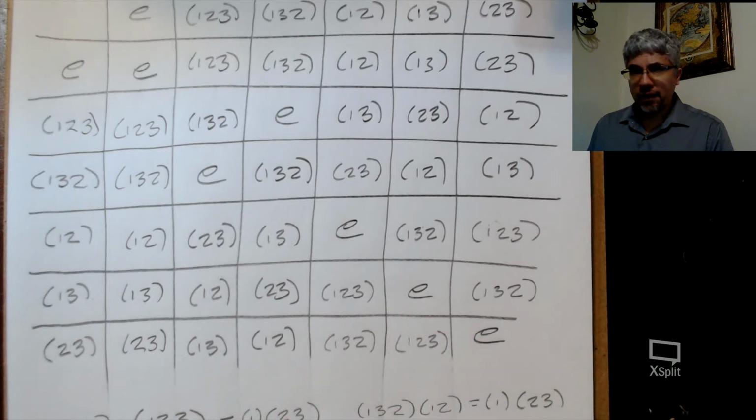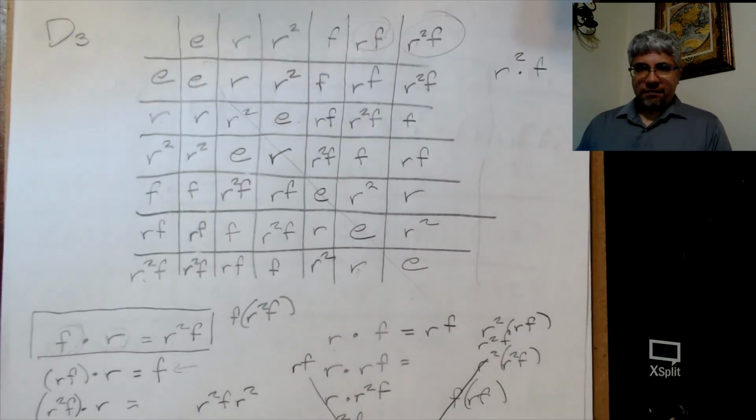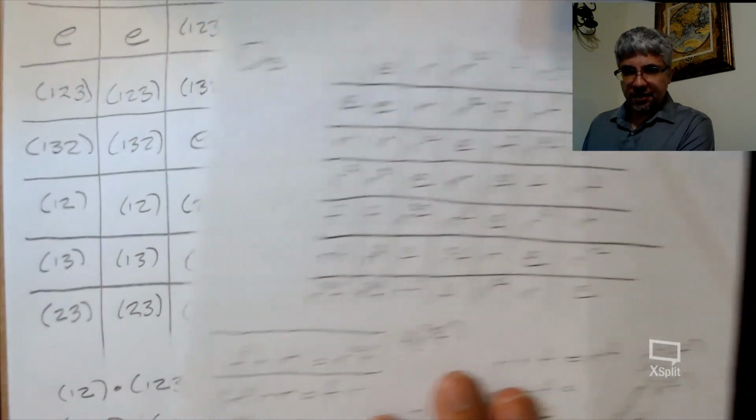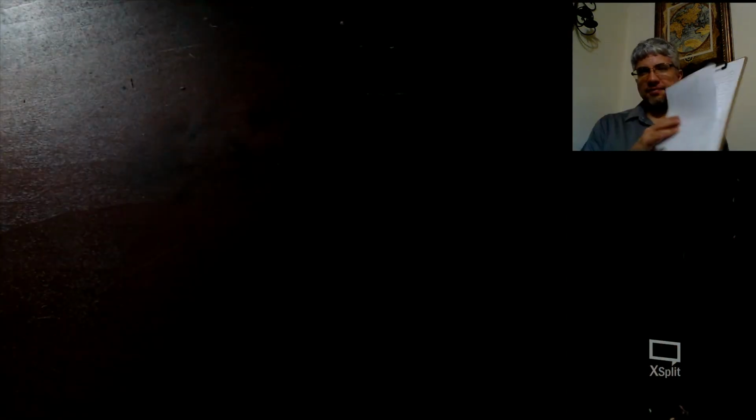Now, I want to bring up a table that you might have seen if you watched the dihedral group video. So let me just pause this and find it. This one. No, too small.